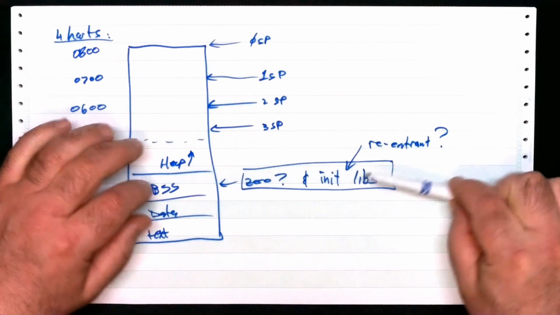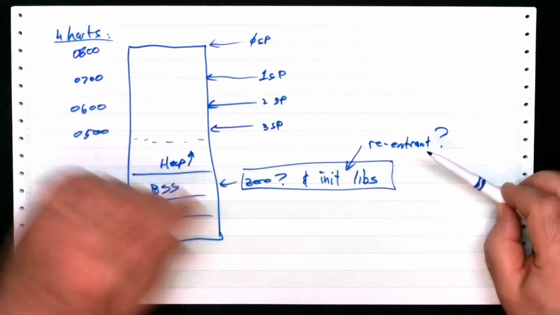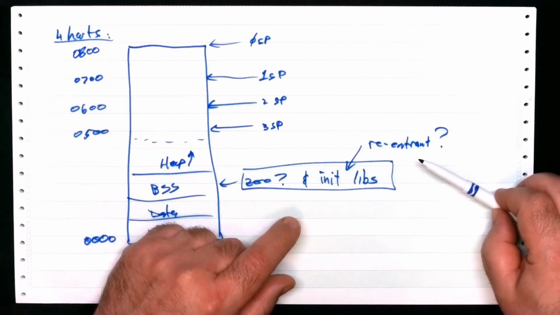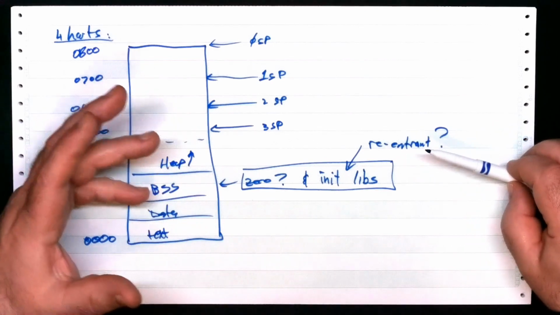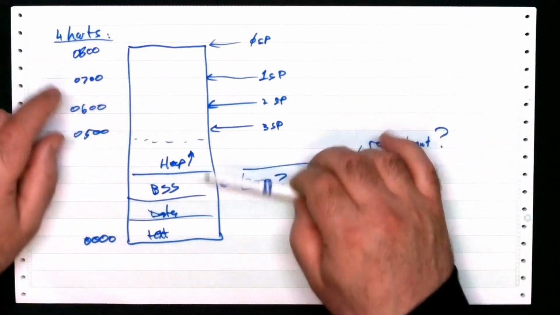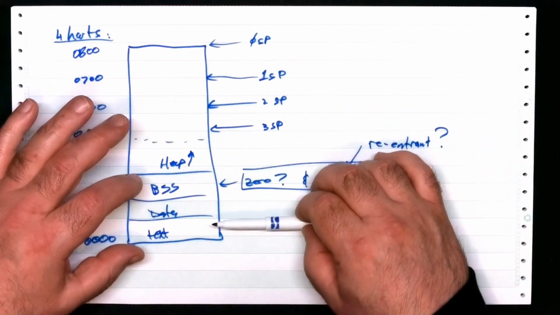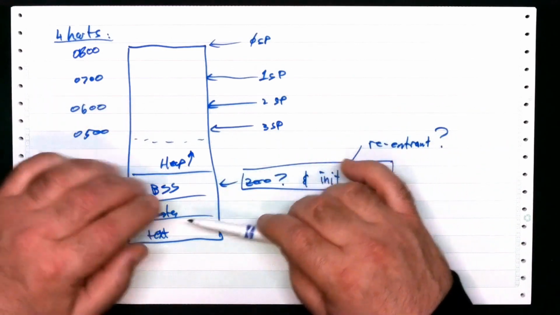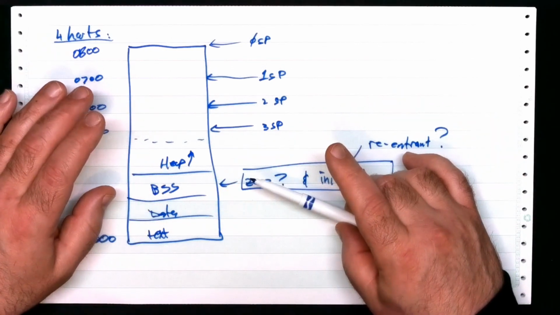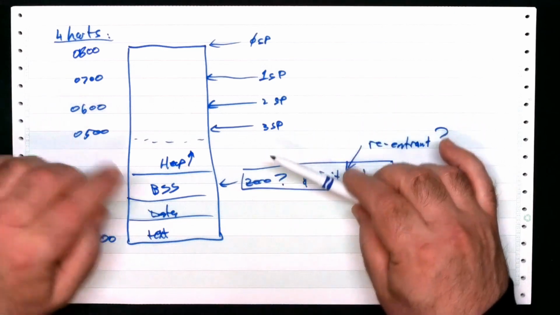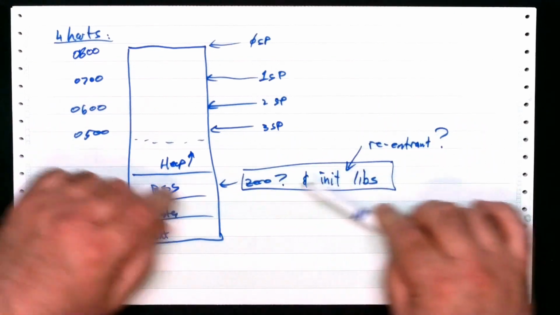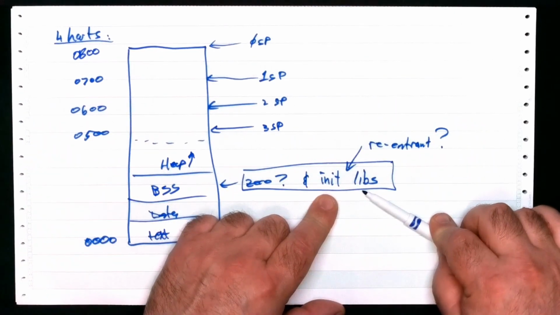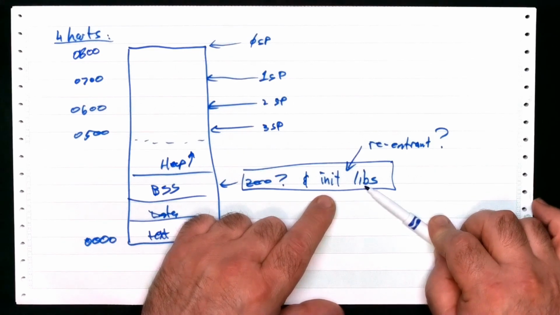For example, the CRT code that we're just looking at is reentrant, okay? Because it has to be. All the threads, all the harts at the same time are able to execute the same code without getting in each other's way. Okay? But as soon as we get to the point where we're zeroing out the BSS and we want to initialize the libraries, that's not true anymore.